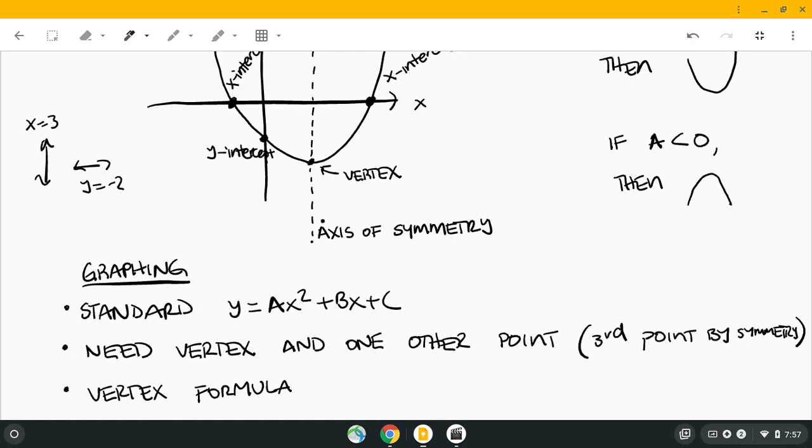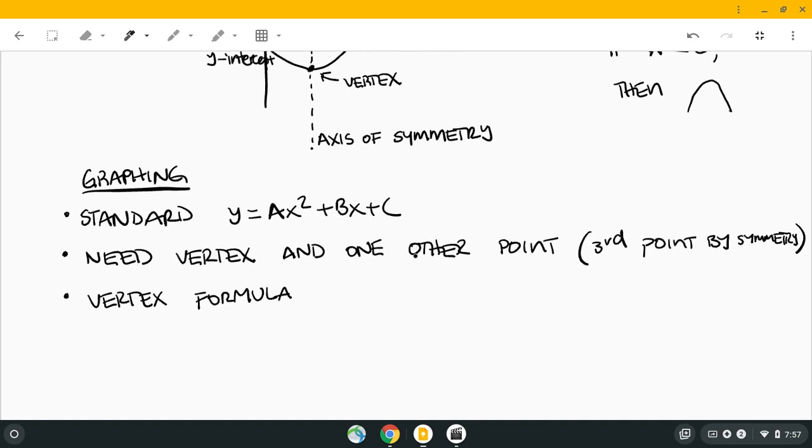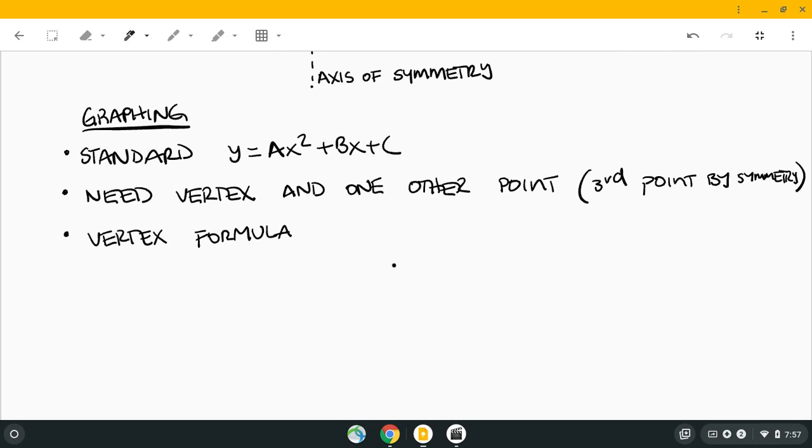And so the equation of this vertical line, this axis, is going to be some form of x equals some number. So the formula that I'm going to give you is going to find the axis of symmetry. And we can see here that the axis of symmetry is going to be some x value. And it turns out that x value is going to be the same x value of this point, the vertex. So that's why this vertex formula is going to be really handy. That formula is going to be x equals negative b over 2a.